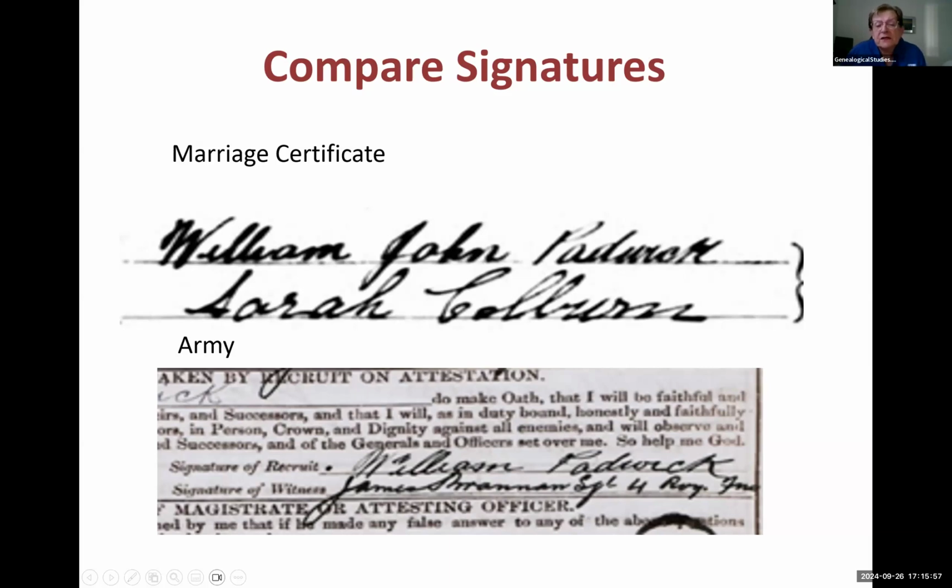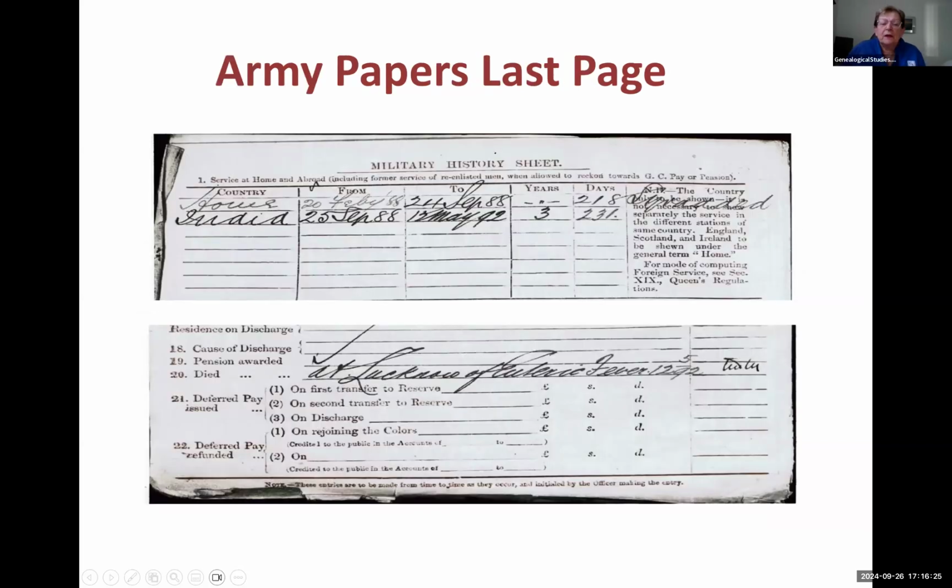On the marriage certificate he signed as William John Padwick, but in the army, this gentleman signed himself as William Padwick. There's a little curl on the W here and a curl up here. So yes. And the P, yeah, it's all slanting the same way. So it's possibly the same signature.